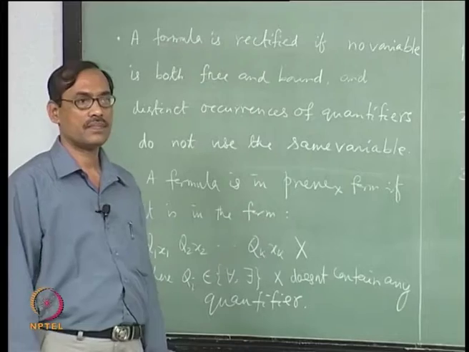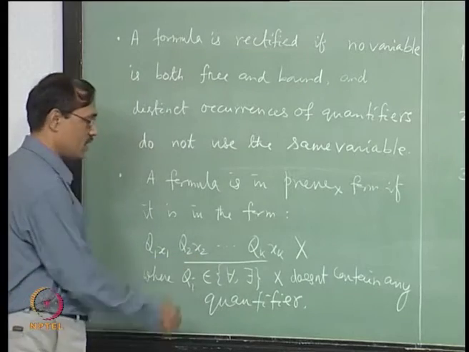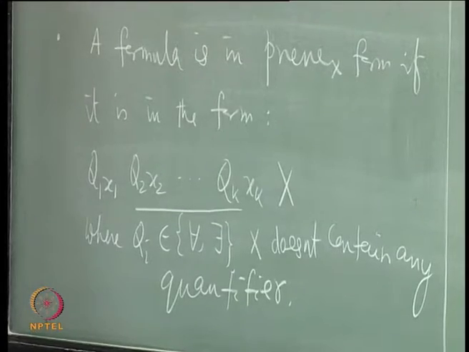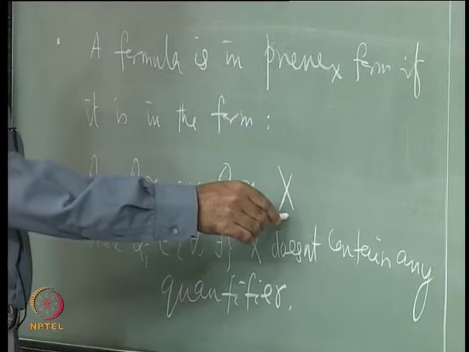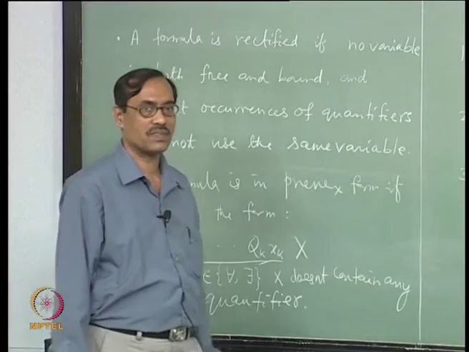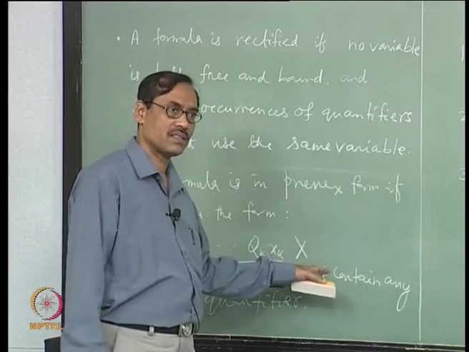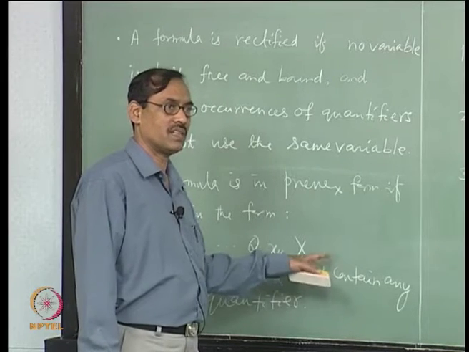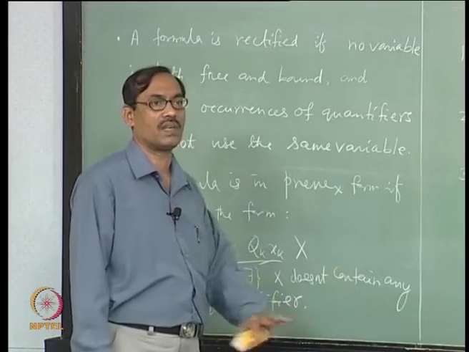Now, in the prenex form, the block of quantifiers in the beginning is called the prefix of the prenex form, and then the formula having no quantifiers is called the matrix. So, there are some names. Prefix has all the quantifiers, matrix does not have any quantifier.